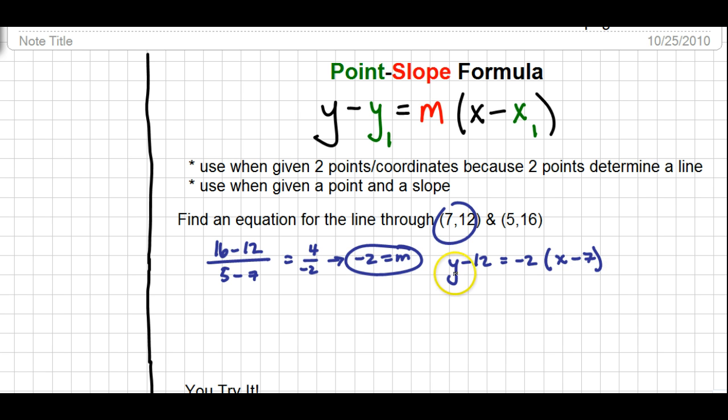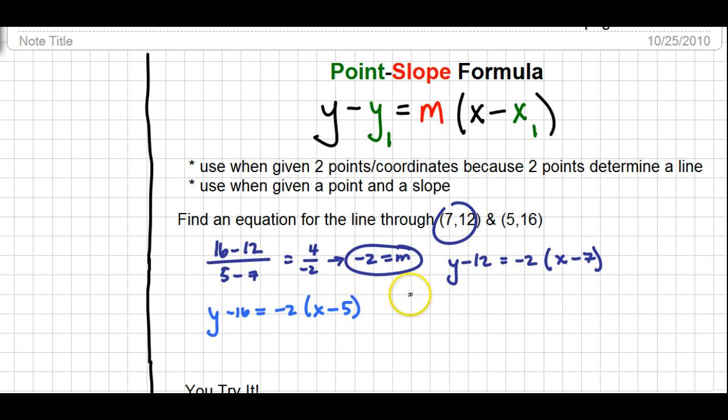Keep in mind that if students decided to choose the other coordinate, it's still okay. Simply, you would end up with y minus 16 instead of the 12. The slope would remain the same, and the x value would be a 5 instead of a 7.